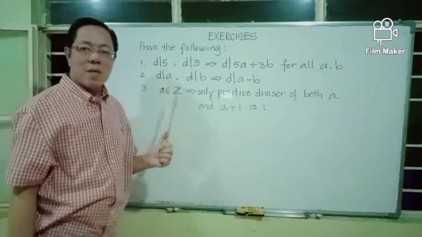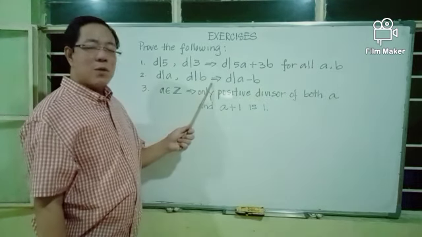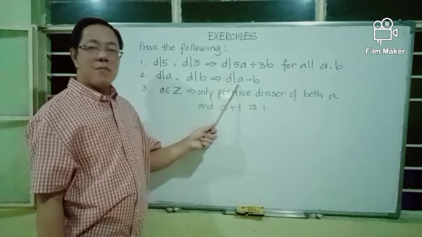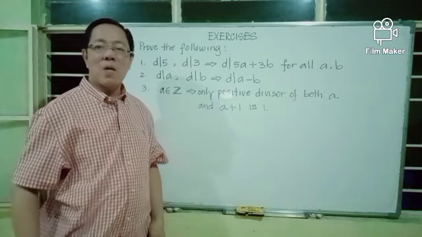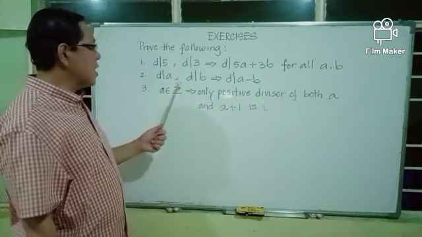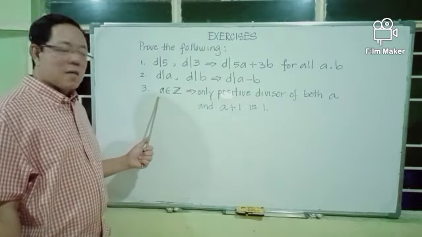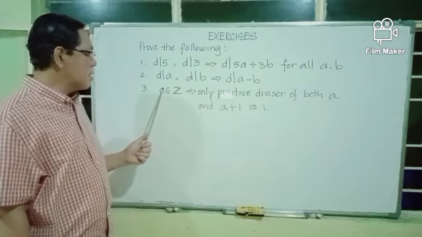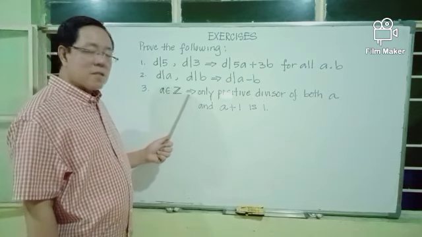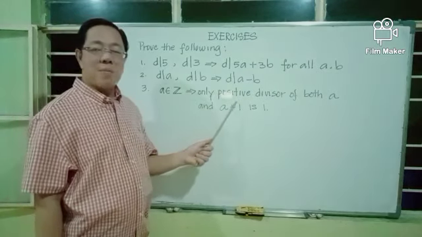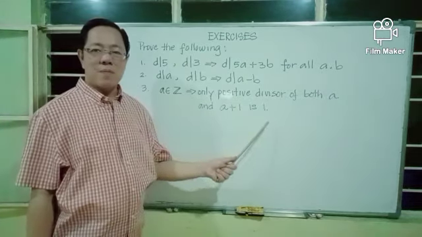In number 2, the given is d divides a and d divides b, and you will prove that d divides the difference a minus b. A minus b represents one of the linear combinations of a and b. Number 3, if a is an element of Z, that is, a is an integer, it can be negative, 0, or positive, then this implies that the only positive divisor of both a and a plus 1 is 1.